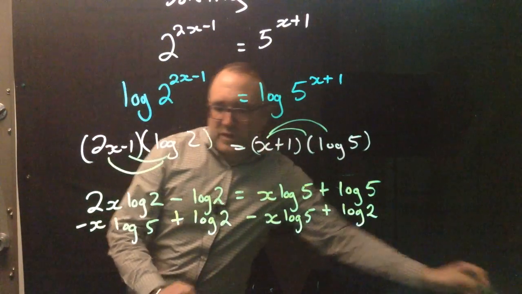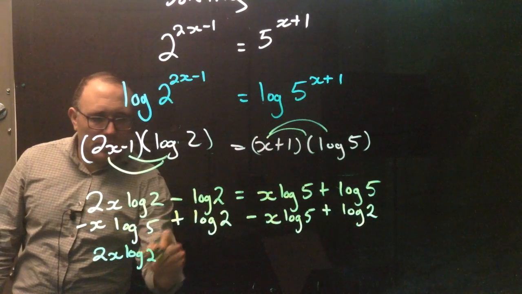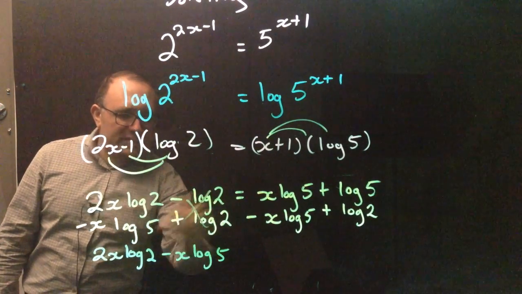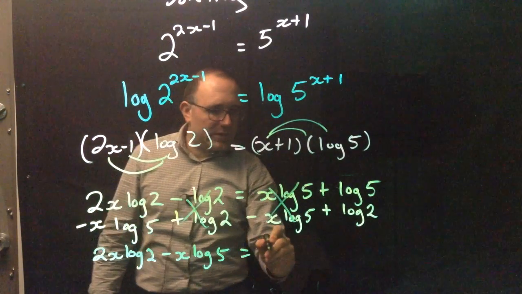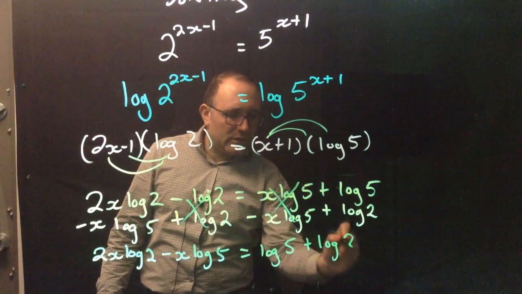That leaves us with 2x log of 2 minus x log of 5. This cancels out. This cancels out. Now on the right-hand side we have log of 5 plus log of 2.